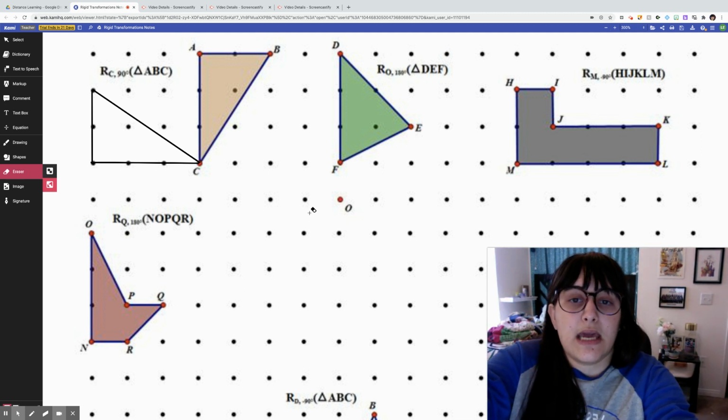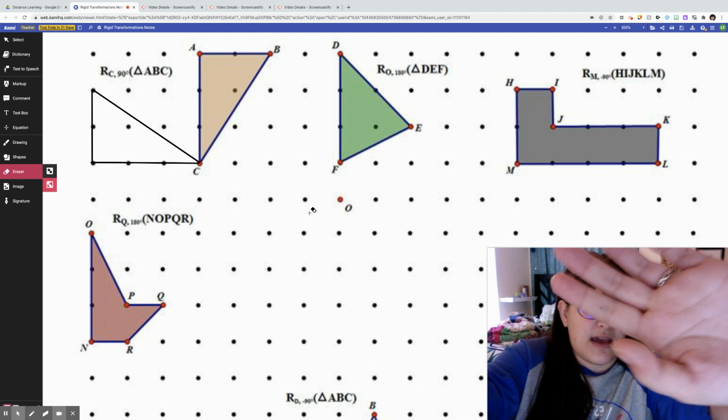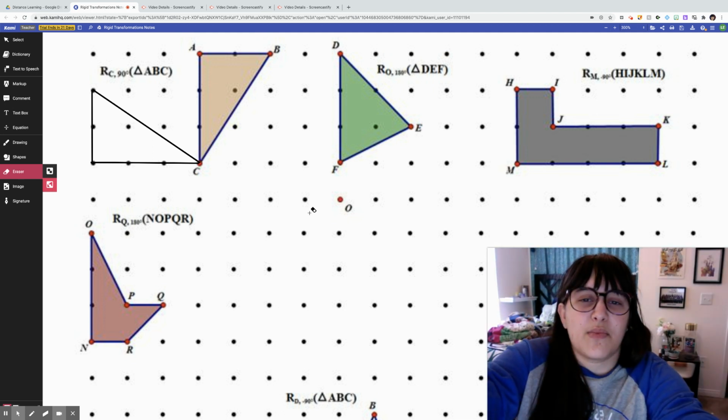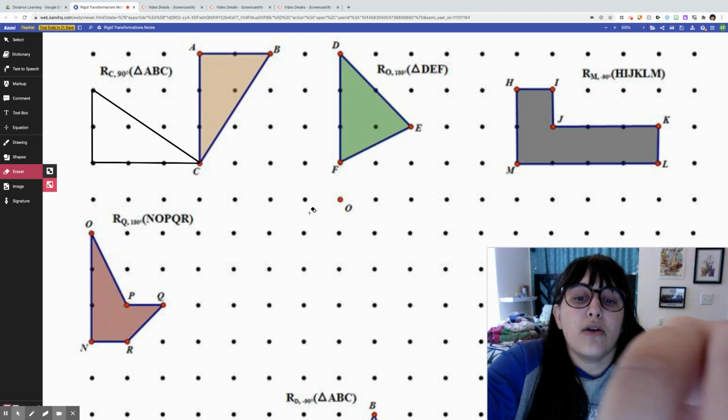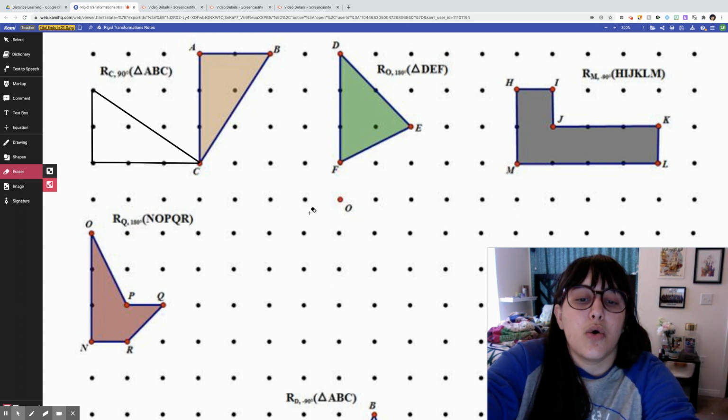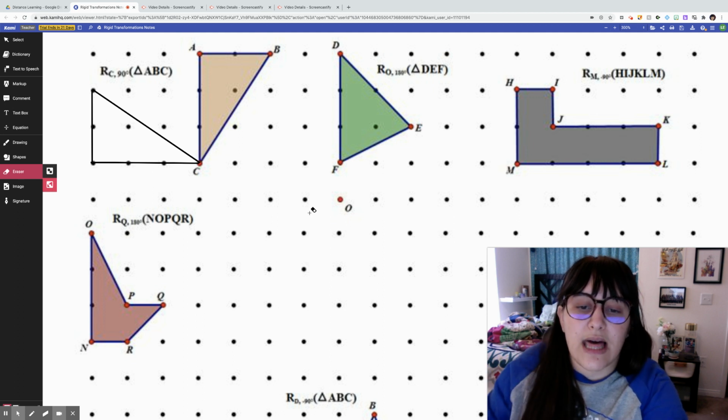So I'm going to take my paper, up against my screen, put my finger on the point that I'm rotating around, and turn this once, twice, okay, to get this to line up.